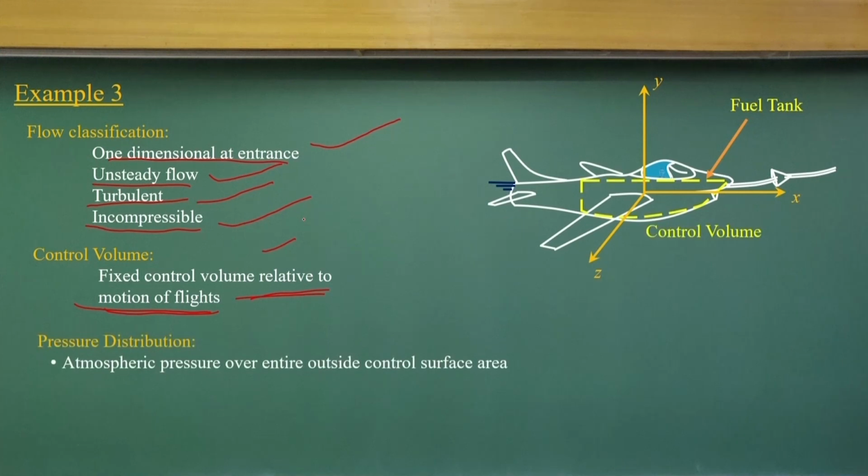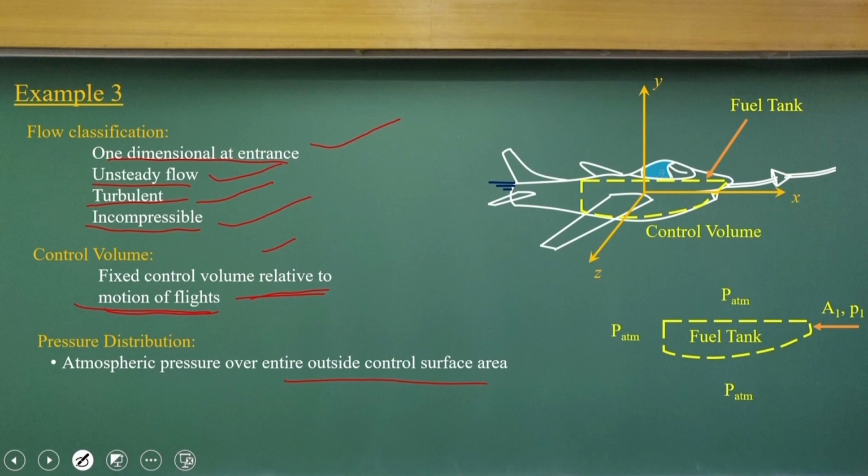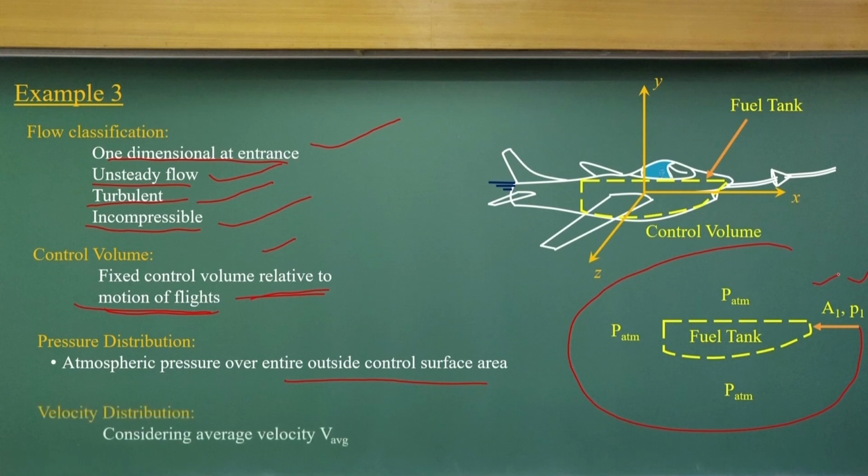Under these conditions, the pressure distribution entirely outside the control surface we can consider to be atmospheric pressure. Everywhere you have atmospheric pressure, and the fuel which is injecting is at pressure P1 having area A1. Everywhere on the control surface can be considered P equal to atmospheric pressure.